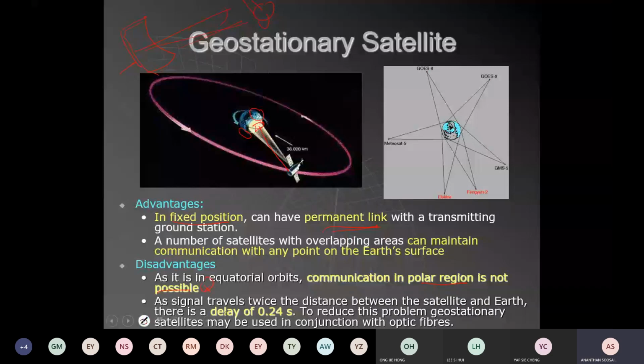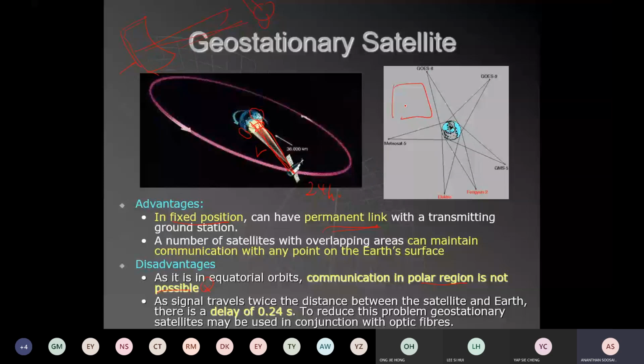Another big problem is the delay. A geostationary satellite has a huge delay because it is very far away from the Earth. To get a period of 24 hours, it must be placed at a very large radius. Therefore the signal takes a very long time to go up, hit the satellite and reach you back. You can see that in CNN news sometimes.